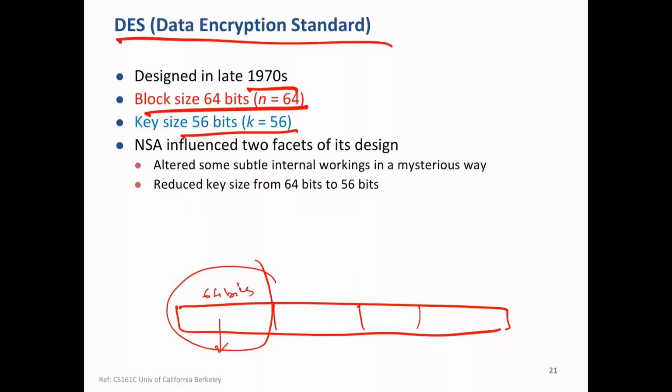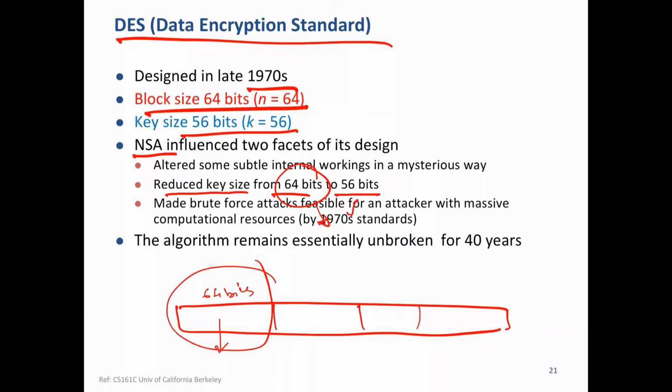It was designed by the NSA or influenced by the NSA, and for some reason they reduced the key size from 64 to 56, because the initial recommendation was 64 bits, but they changed it to 56 bits. So this algorithm was almost unbroken for 40 years.